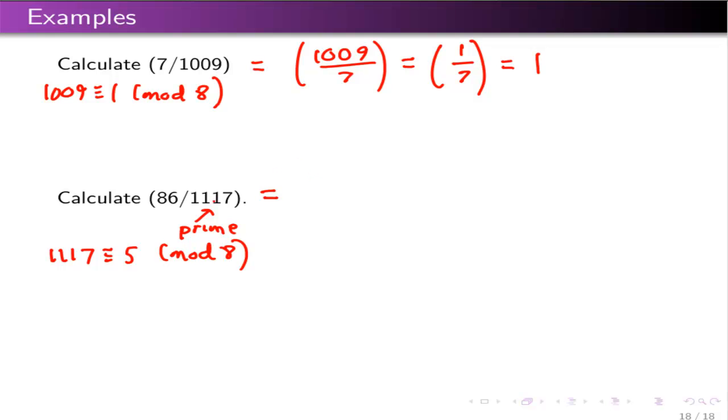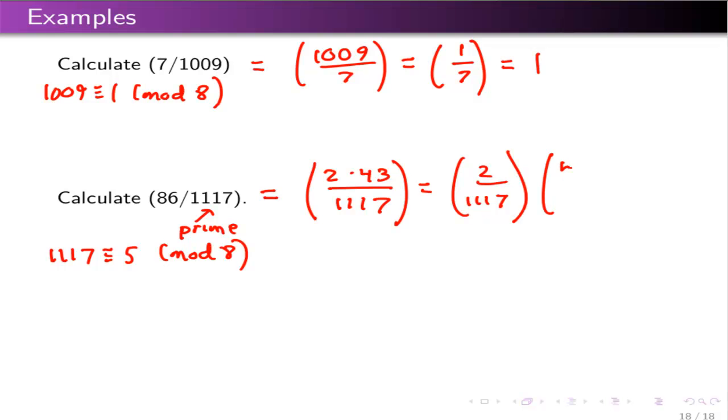But we can only flip when the top is a prime. So I first factor the 86 as 2 times 43. And we'll go into this in a lot more detail in the next section, evaluating the Legendre symbols. I just wanted to do a quick application of reciprocity right now. So I use the multiplicative property.